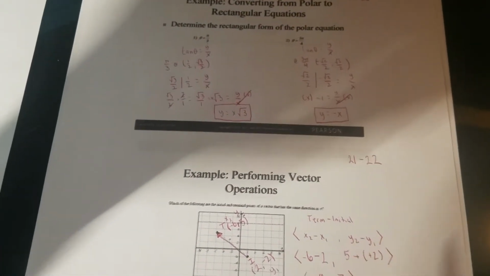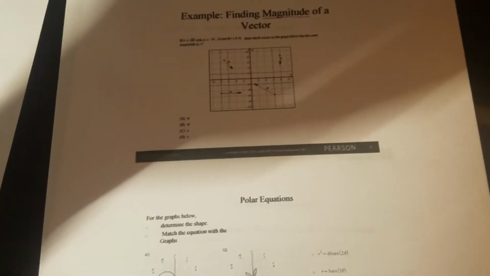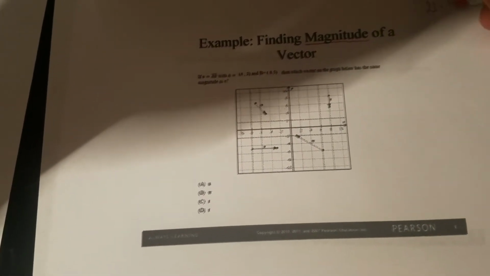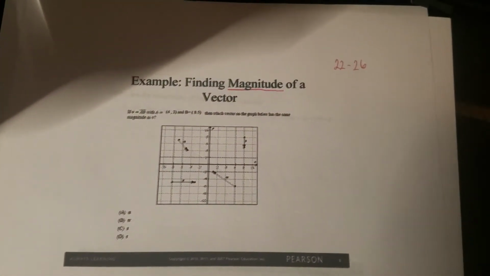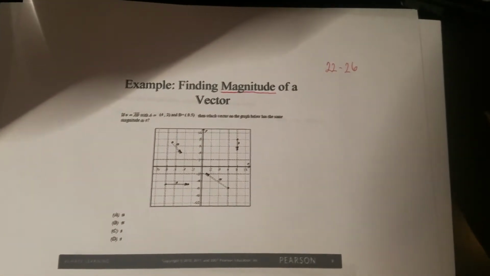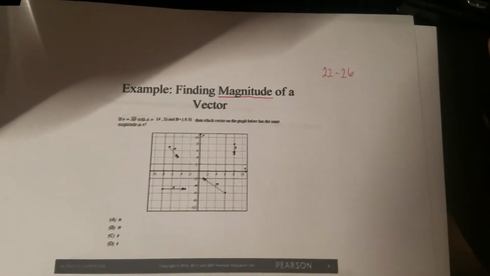So you're just proving, are they the same or are they not? On this problem right here, this one's going to be like number 22 through 26. This is a problem where we have to work a little bit smart, guys, because if not, it's going to take us forever to get through.